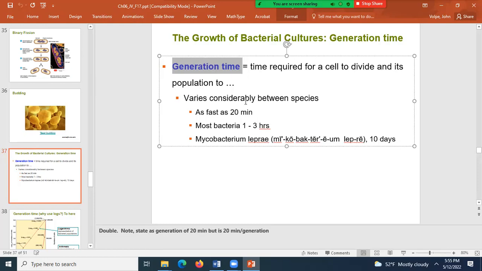The generation time is the time per generation. Okay, it's not the generations per time. It's the time per generation. You got that? So I've stated the generation time is 20 minutes, but remember that I mean it's 20 minutes per generation.